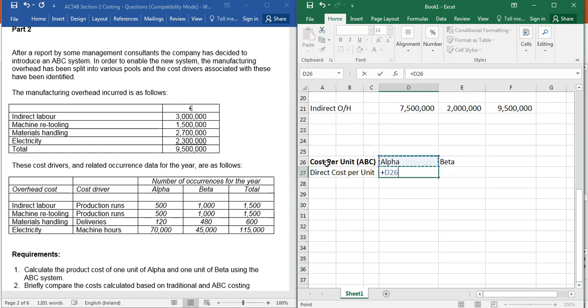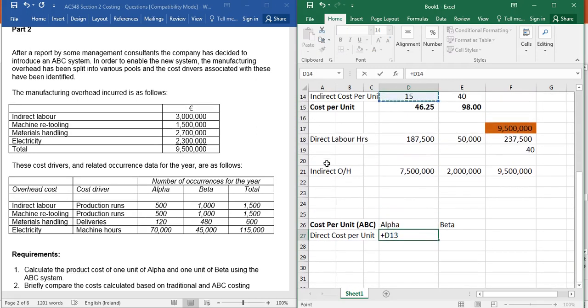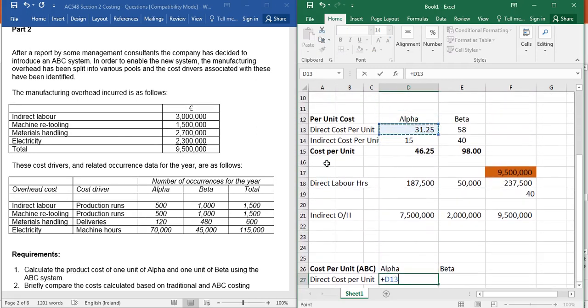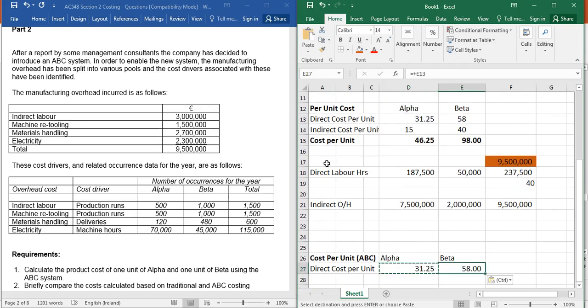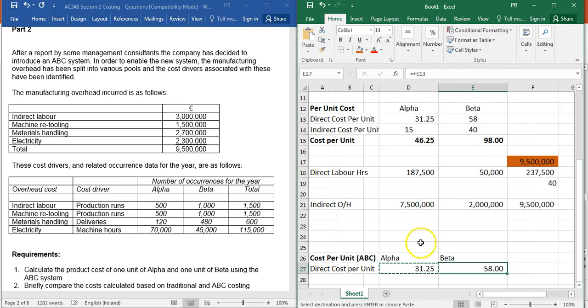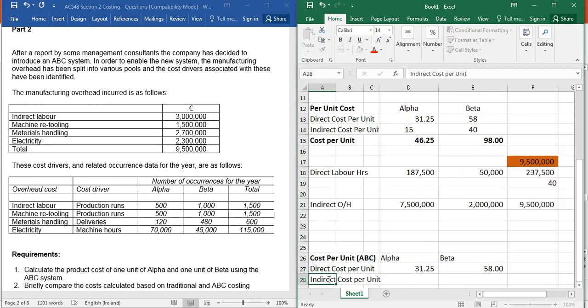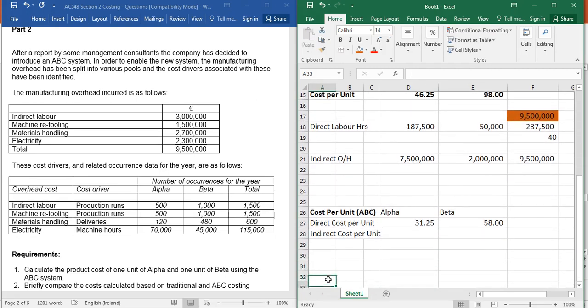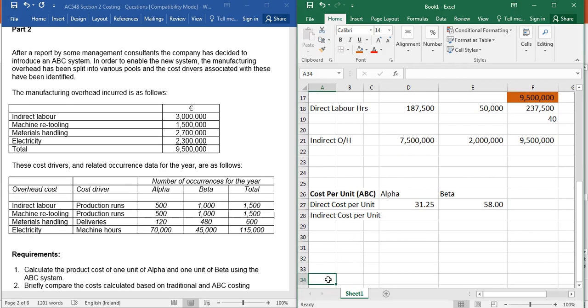The direct cost per unit of labour and materials does not change. That will always be the same because there's no issue with that. We can directly trace that and that is accurate. What there will be a change in is the indirect. And where we're going to find differences there is how we're going to allocate it across.